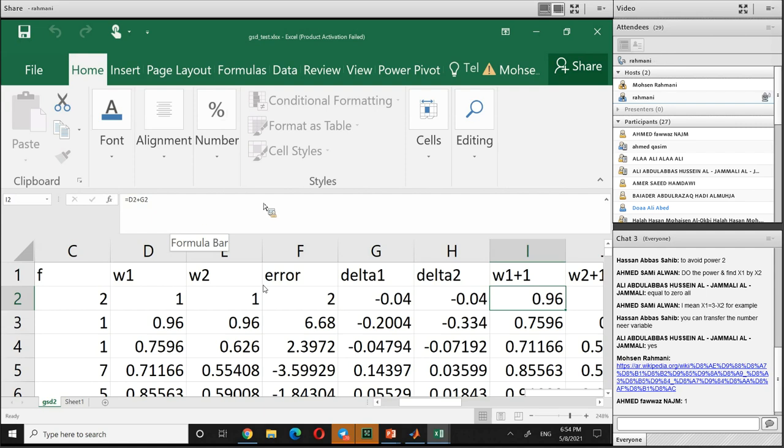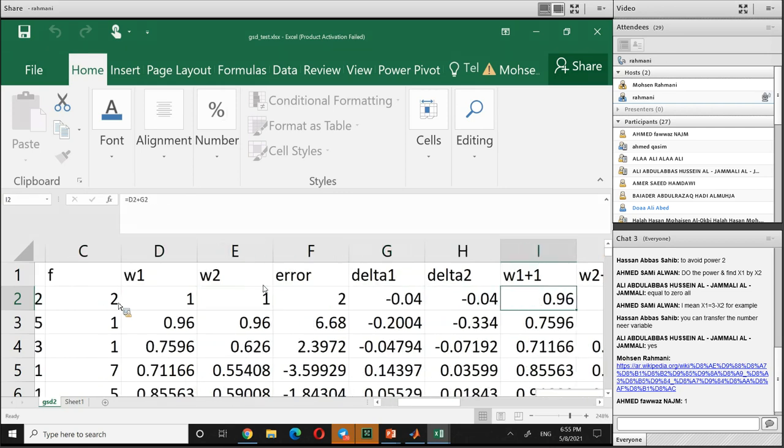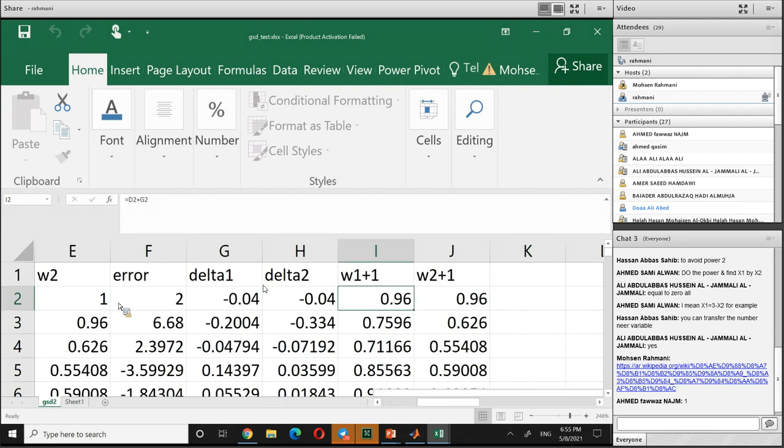I mean, this column w1 is the summation of delta 1 and w1. If I add delta 1 to w1, I can say that this is w1 in the next step. And the same for w2.